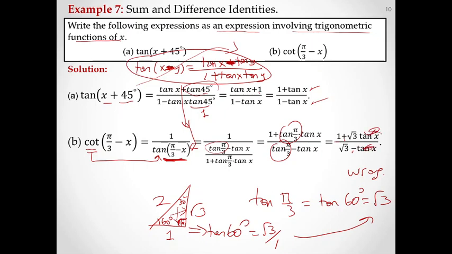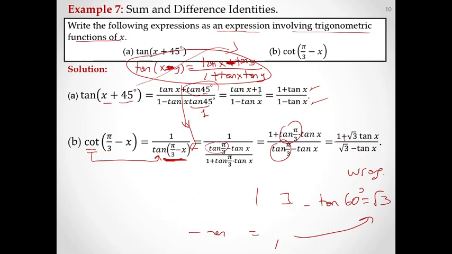You have to have something times something, and if they're the same, then you can do it. It has to be in multiplication. Okay, this is how we do it.